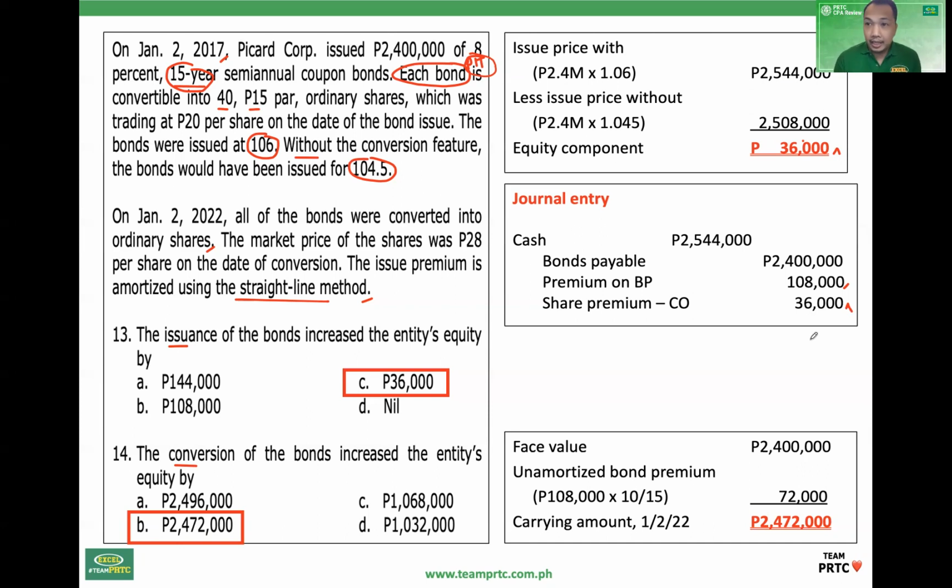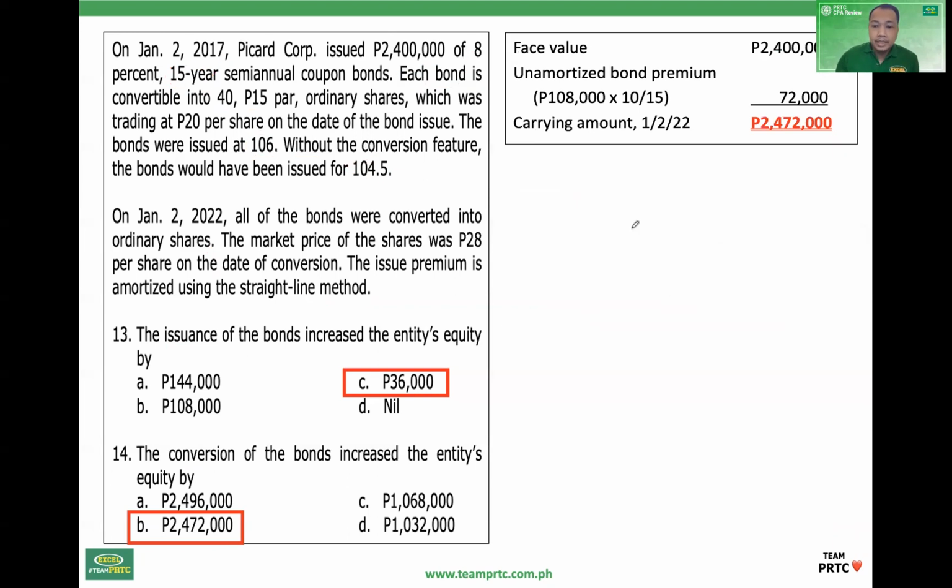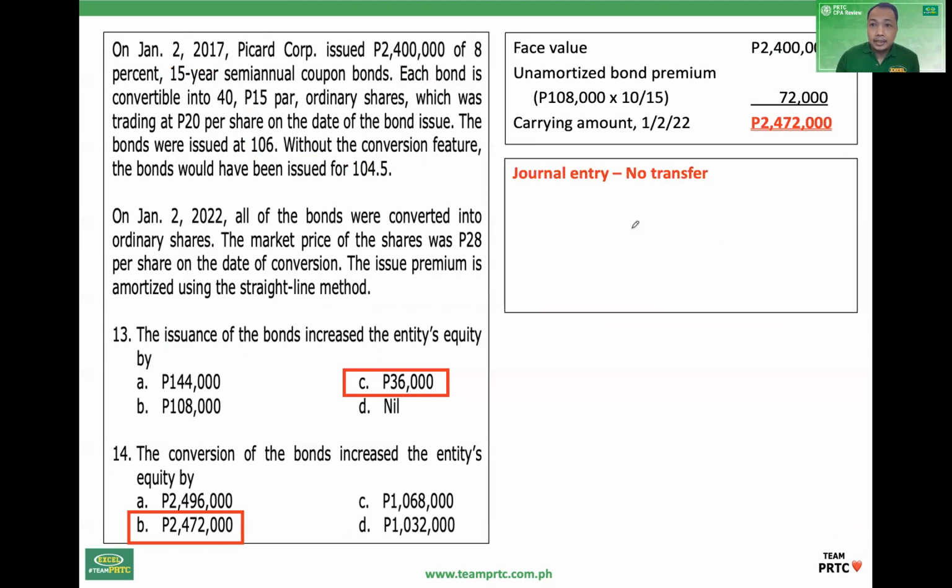If no transfer is used, what is the journal entry? Debit, bonds payable. Cancel bonds payable. Debit, premium on bonds payable.